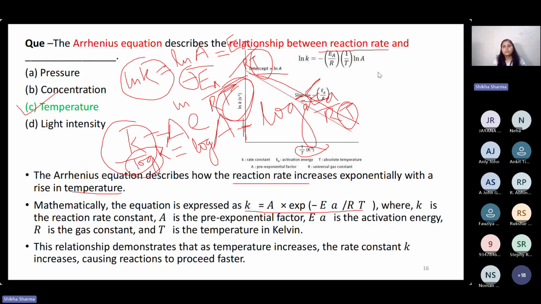The slope of this line provides the value of minus Ea by R. So this is the Arrhenius equation. This relationship demonstrates the relation with temperature: if the temperature is increasing, the rate constant will increase, causing the reaction to proceed faster.